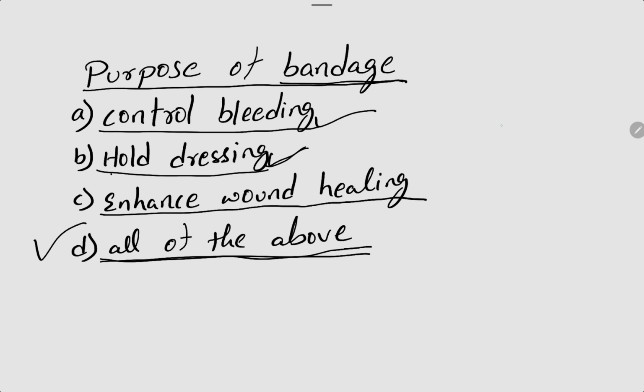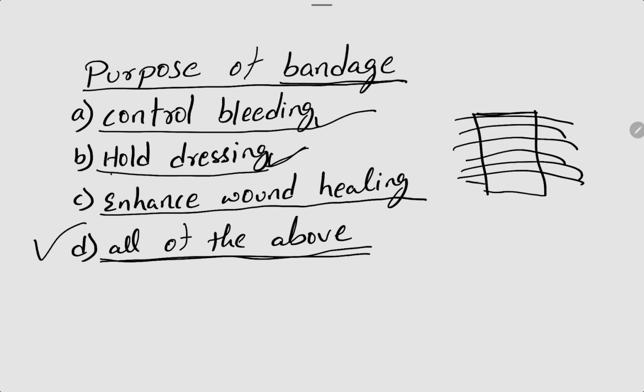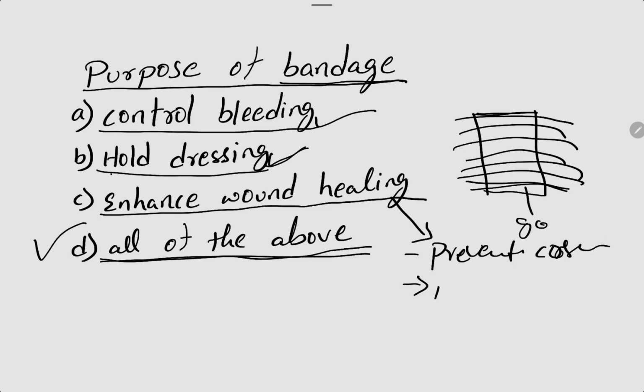For example, we apply a gauze pad on the wound, after that we rotate the bandages to hold the gauze piece on the wound. Next is to enhance wound healing. Dressing helps prevent cross infection and improves wound healing. So these are the purposes of bandages.